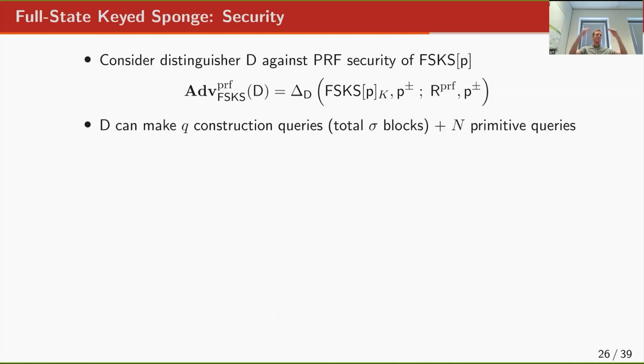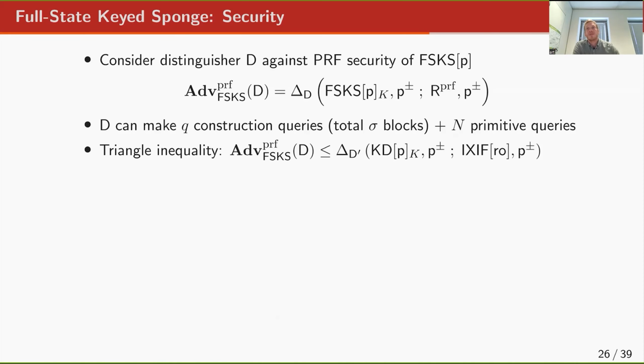In more detail, same story, PRF security: we want a full keyed sponge to behave like a random function. The distinguisher can make Q queries with sigma blocks and N primitive queries. And we again have the triangle inequality, which means that the PRF security of the full keyed sponge against this distinguisher D is upper bounded by the key duplex security against the distinguisher D prime.